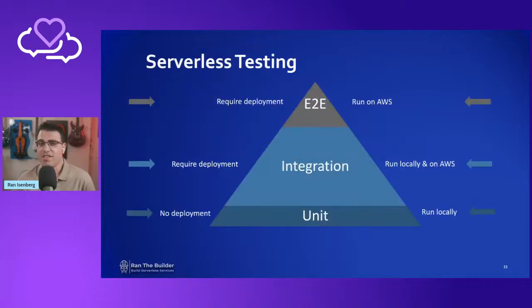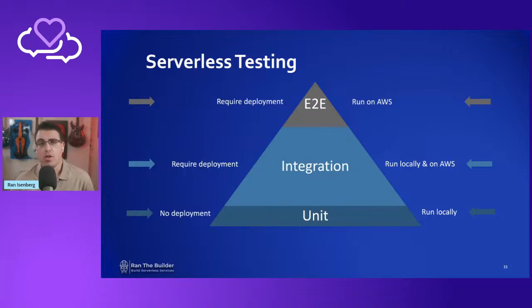Testing. Serverless testing is a tricky one. There are so many versions. I've heard so many options and people doing all sorts of things. And it's okay, as long as you find something that works for you and makes sense for you. I have my approach. I think everybody has unit test, integration, and end-to-end. Maybe they call them different names.